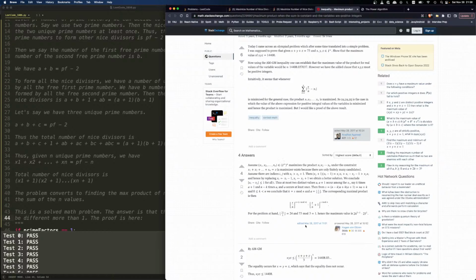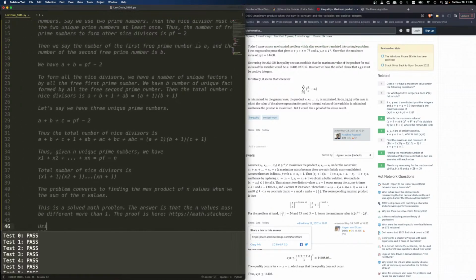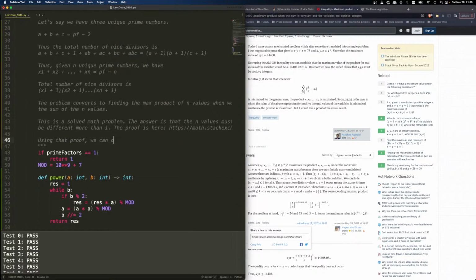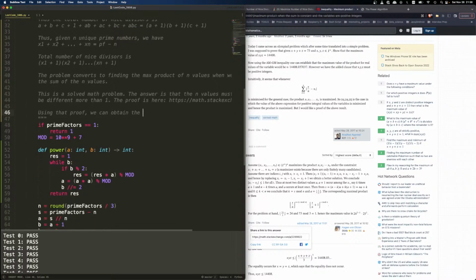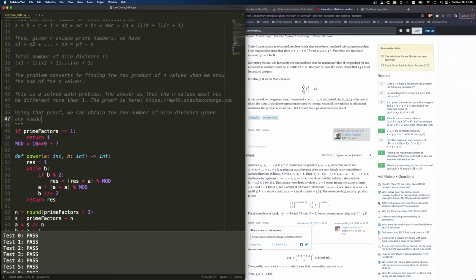Oh, that's a good proof. Using that proof, we can obtain the max number of nice divisors given any number of unique prime numbers.